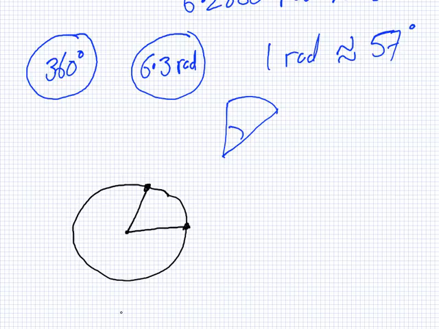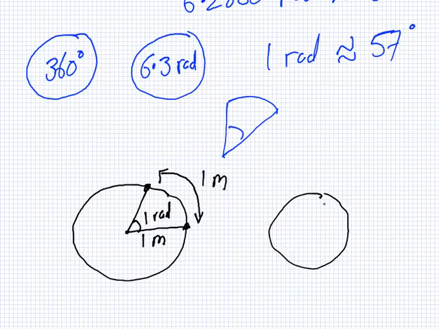So, for example, if this was measured in radians, so let's say it was just 1 radian, and let's say the radius here is 1 meter, then it means this part of the circle is also 1 meter. So, in other words, if you knew the radius and you knew the angle, then you can know what's called the arc length.